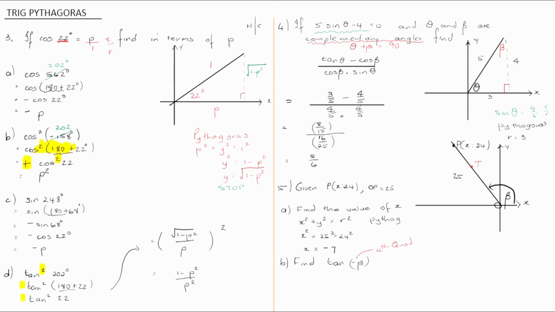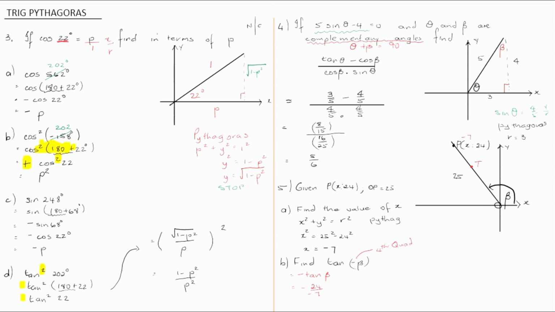So that gives us negative tan of B, and remember this is now minus 7, it's going to be 24 on negative 7. And the next question, I'm really trying to squeeze this one in.